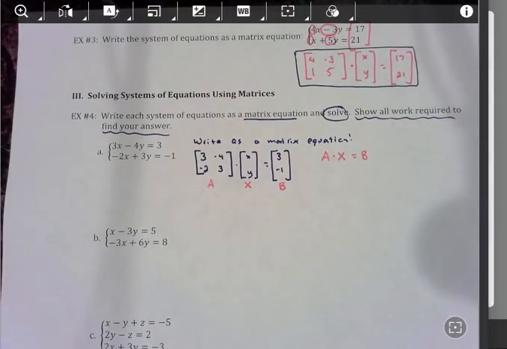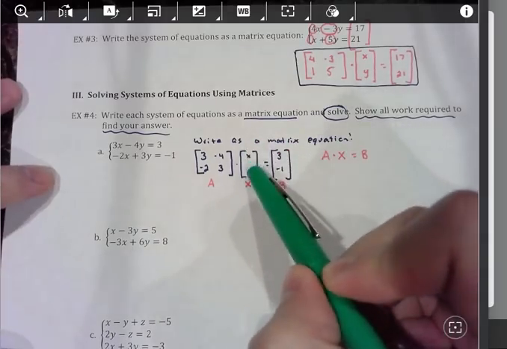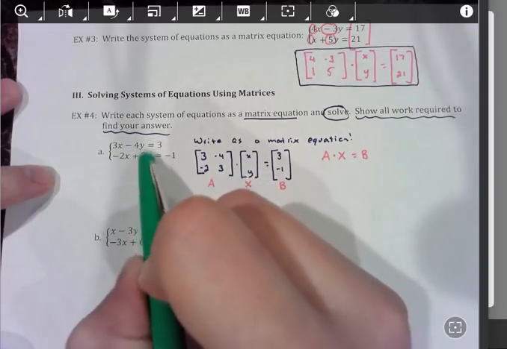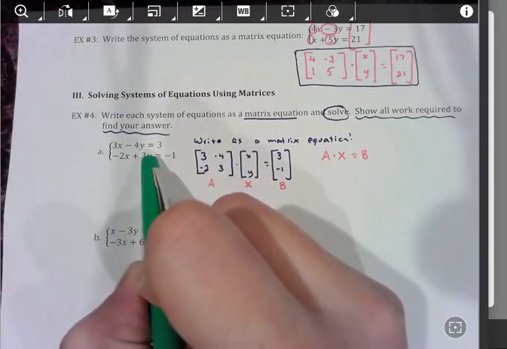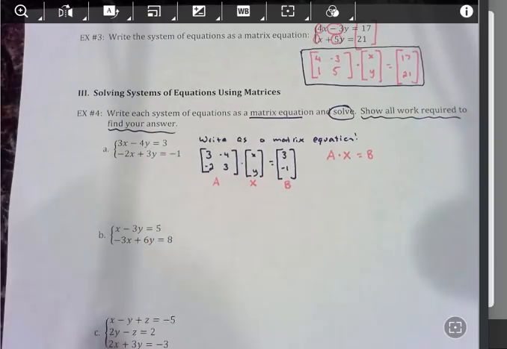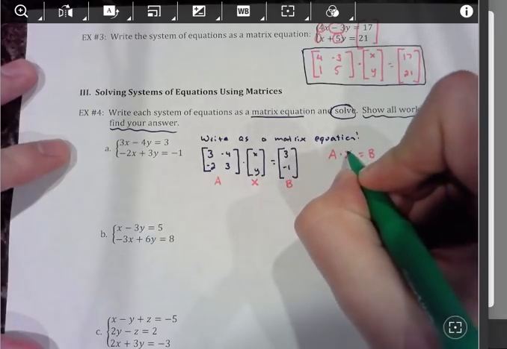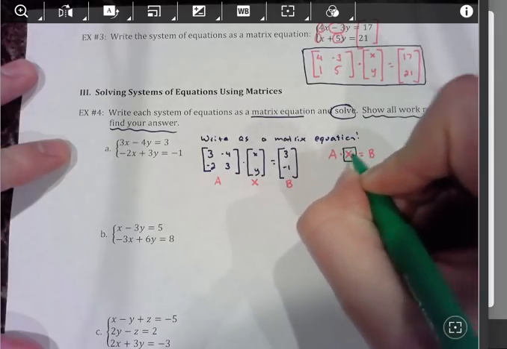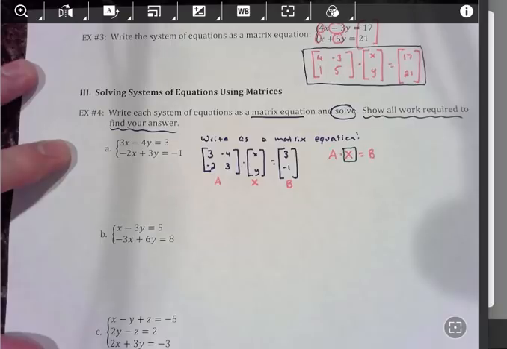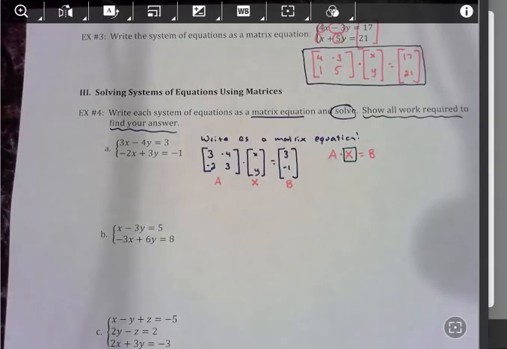If we want to solve the system of equations, that means we're going to be solving for the numbers x and y that make these two lines intersect. We want to find the point x, y at which these two lines cross each other. So what we want to figure out is we want to basically solve for this x. Right now, this x is being multiplied by matrix A. But, as I talked about at the very beginning, we can't divide matrices.